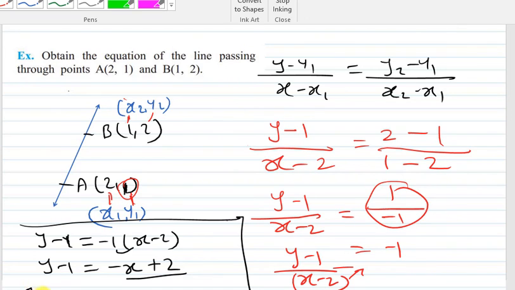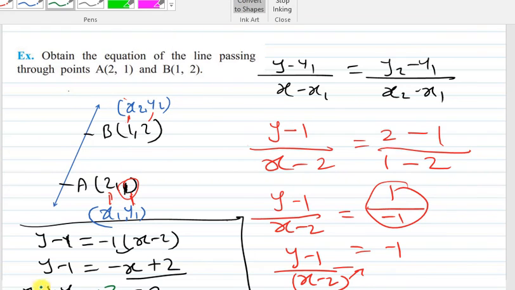What I will get? x plus y, this minus 1, minus 2 equals 0. So this minus 1, minus 2 will become minus 3. So x plus y minus 3 equals 0.